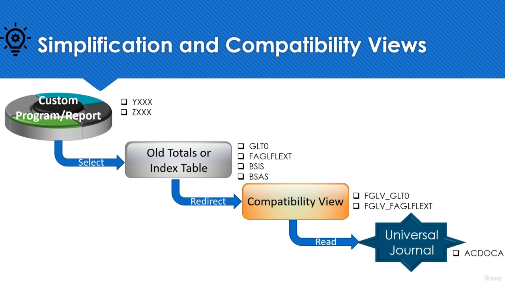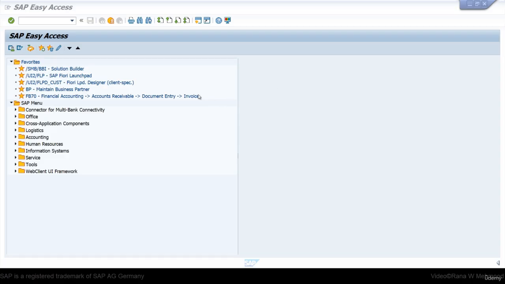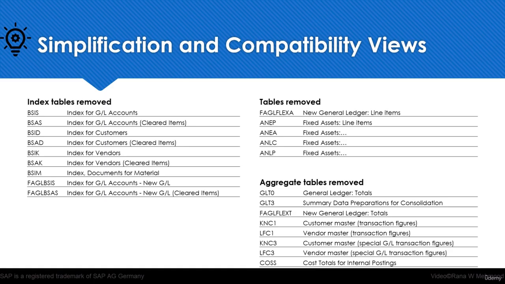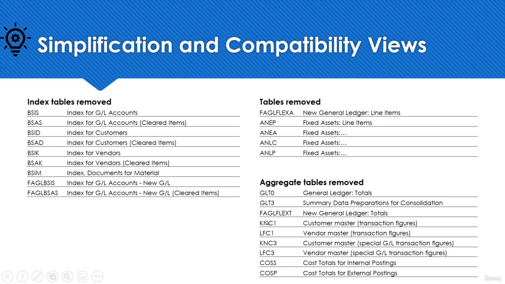If you want to view the compatibility view of an eliminated table, I will show this to you in SAP. Go to the transaction code SE16N and type any eliminated table. For example, I will show you the FAGLFLEXA table and FAGLFLEXT table.